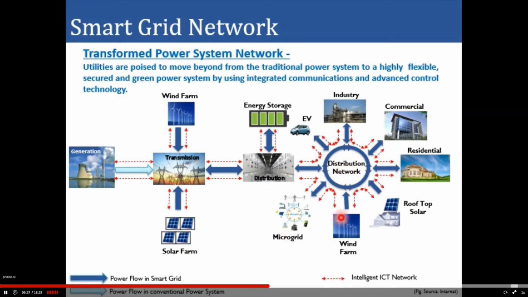That's why the intelligent ICT network is required to transform the conventional power system network into the smart grid. So these will be the backbone of our intelligent power monitoring and control.